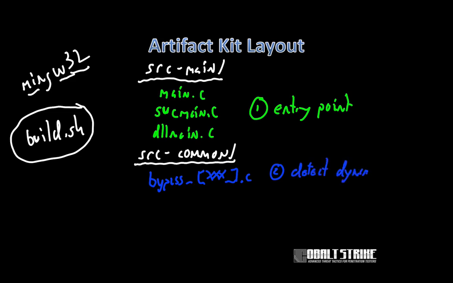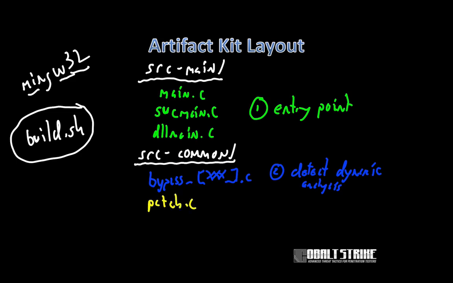So this is where your AV sandbox bypass steps come into play, in this particular file. And there's a few different strategies that are in the artifact kit.